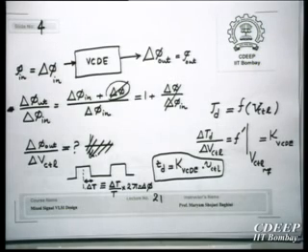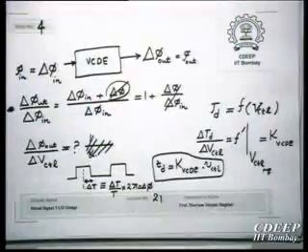Now, what was the small point which is usually considered in all DLL analysis? I checked many textbooks. What they assume is that the delay element responds instantaneously, but actually it doesn't. And the entire analysis is based on this. If it can respond instantaneously, then yes, phi out will be equal to phi in.